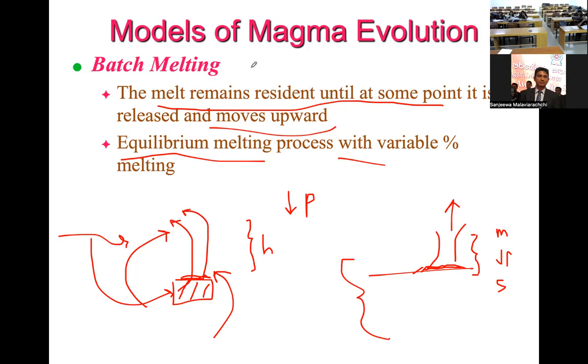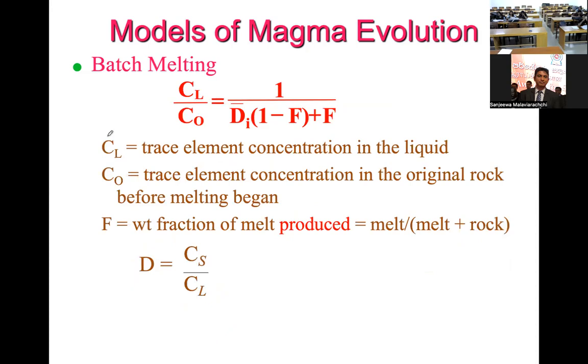Okay, right. But anyway, the simplest mode of melting is batch melting, right? So in this batch melting, we have an equation for modeling. That means determining the elemental composition within the melt produced, as well as within the original solid, right? So we have two phases.